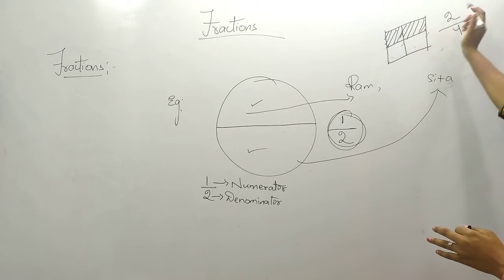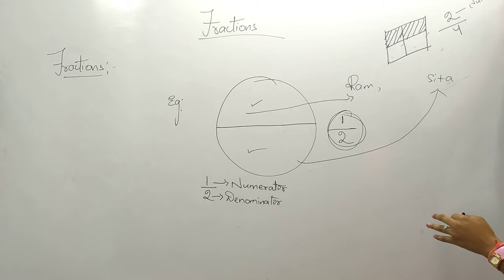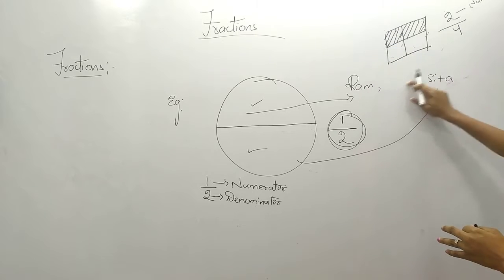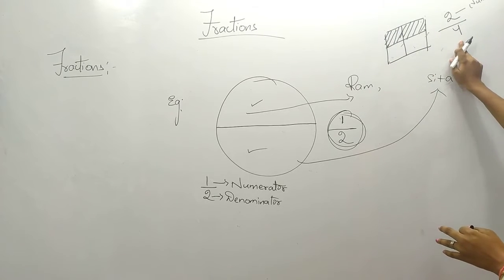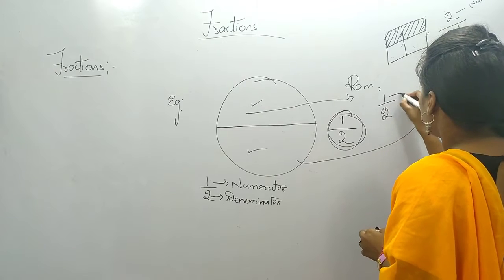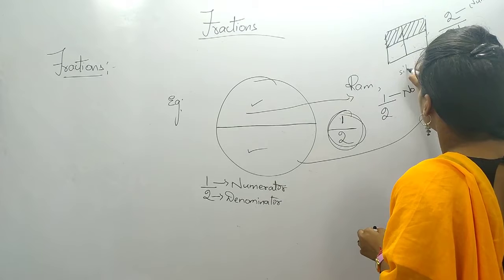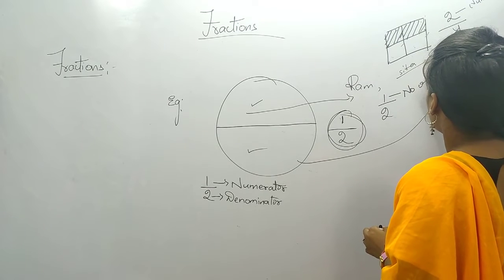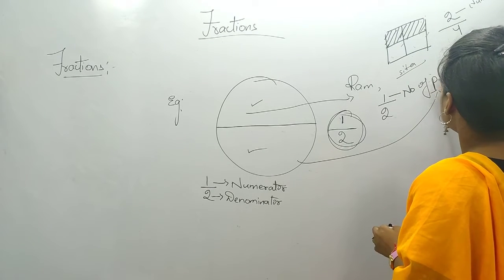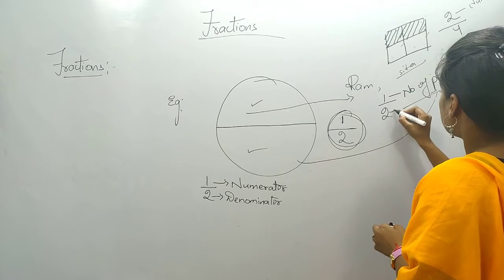Here it is written as the numerator. Numerator. The total part is called the denominator. What? 1 by 2 means number of shaded parts by what is 2?